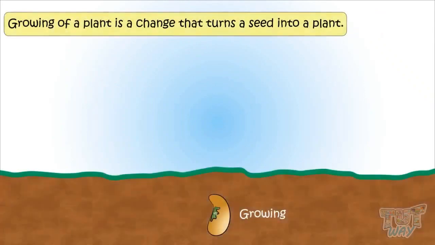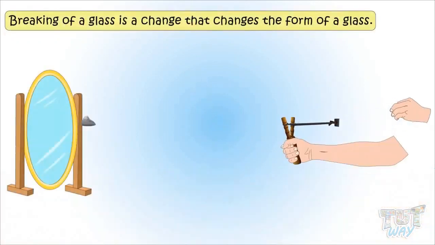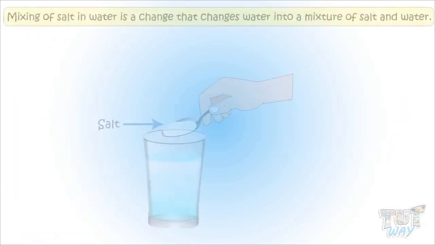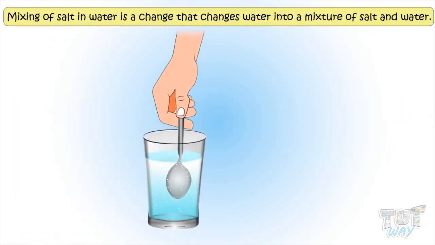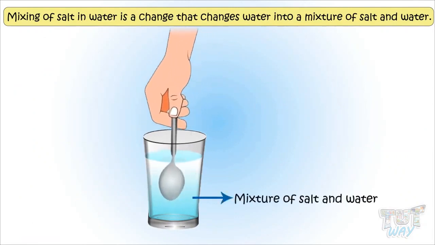Growing a plant from a seed is a change that turned seed into a plant. Breaking of glass is a change that changed the form of a glass. Mixing of salt in water is a change that changed water into a mixture of salt and water.